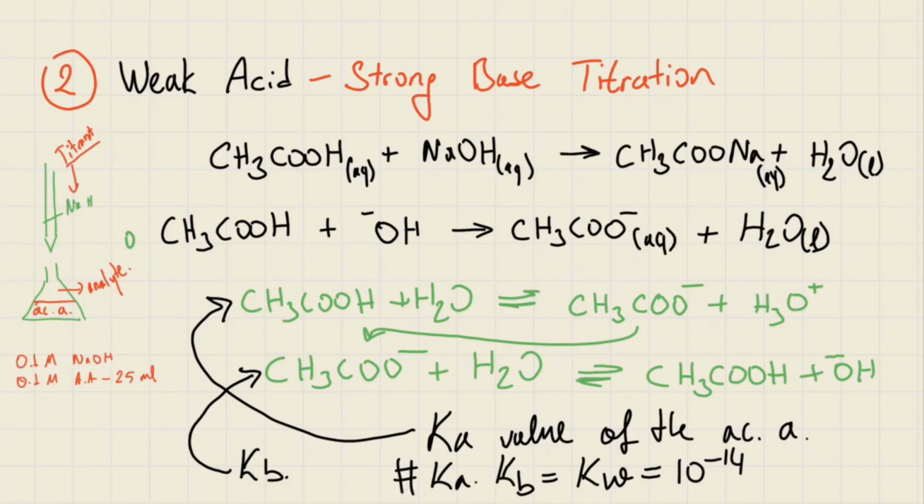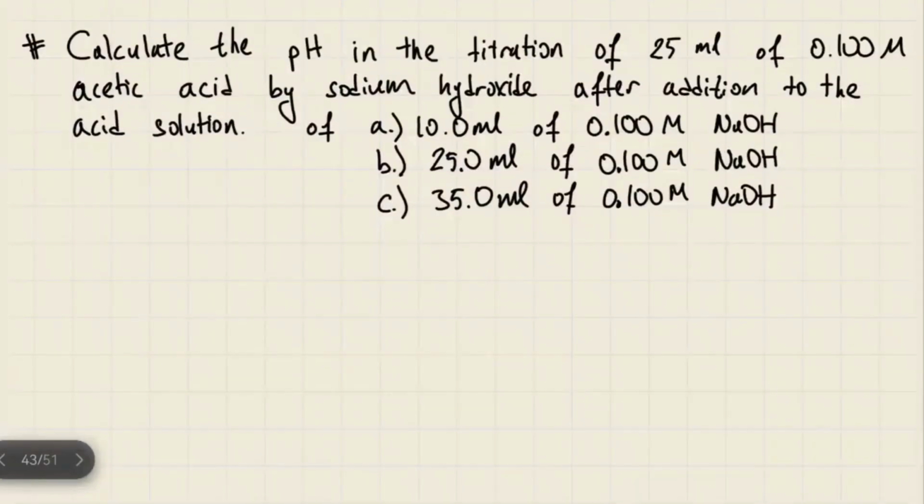So we will need to use this information for the next parts. And we can calculate, for instance, the pH in the titration of 25 milliliters of 0.1 molar acetic acid by sodium hydroxide.